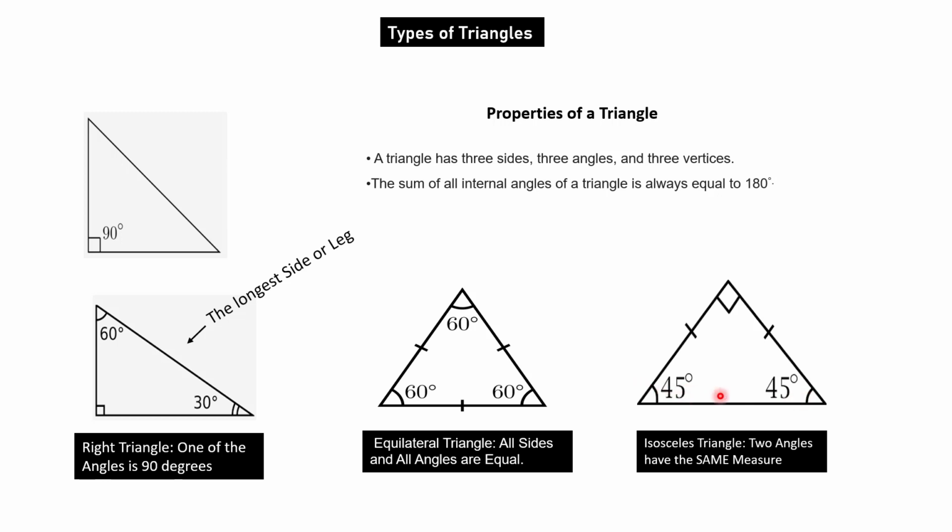If the sum of two angles is 90 degrees, then the measure of the third angle has to be 90 degrees. I told you this is a symbol for 90 degrees. And an isosceles triangle also has two sides of equal length. The length of this side is equal to the length of the other side. For the time being, just learn these three types of triangles: right angle triangles, equilateral triangles, and isosceles triangles.